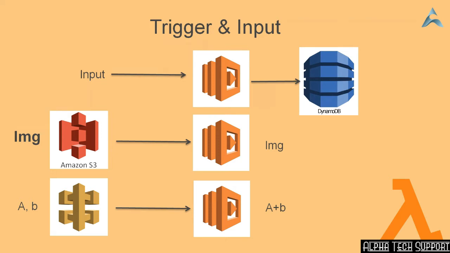When this operation is performed, it can be set as a trigger for AWS Lambda. When an image is uploaded, the AWS Lambda script makes the image smaller and stores it back to S3.